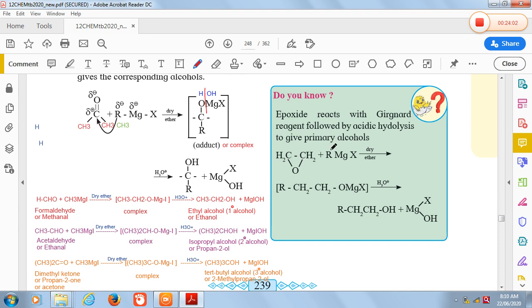So it is the negative part, it will get attached to any carbon in this, and then the bond between carbon and oxygen shifts to oxygen. Okay, so R is attached to CH2.